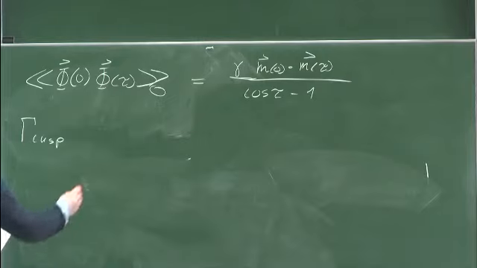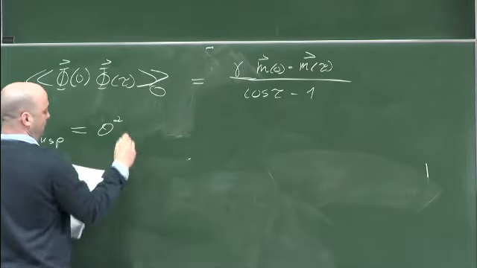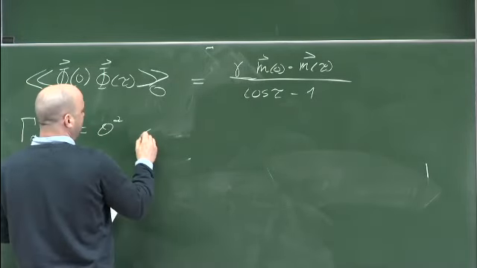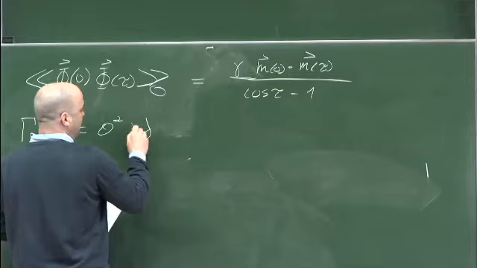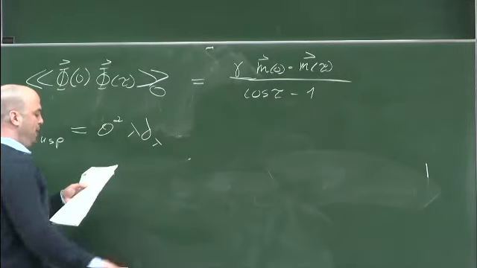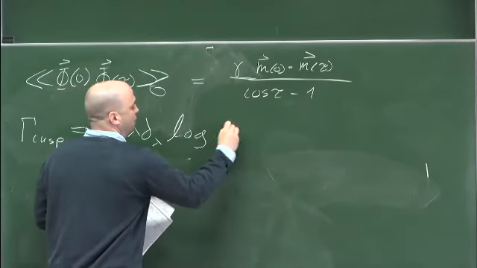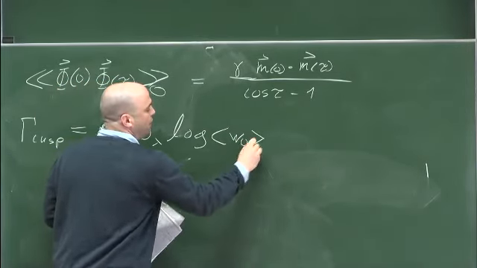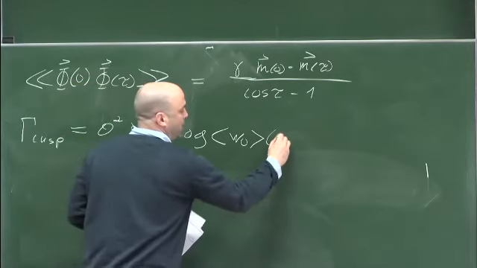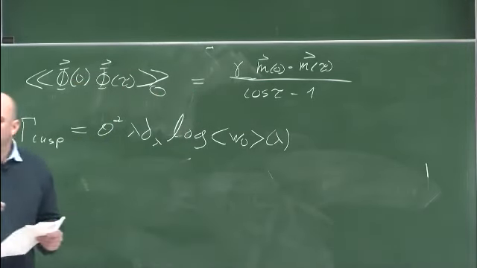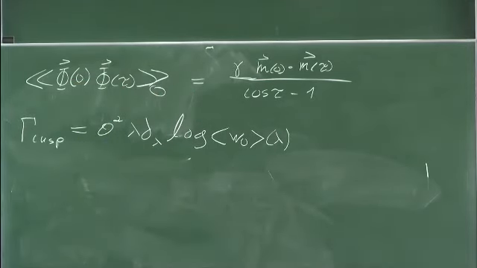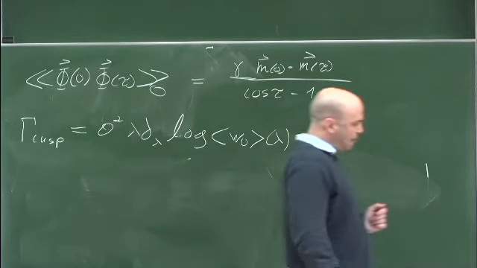It is given by theta square times some numerical factor times lambda d lambda of the log of the expectation value of the circular Wilson loop, which is a function of lambda that we know at any value of the coupling and any n. Okay. So we see that we managed to compute this function h.